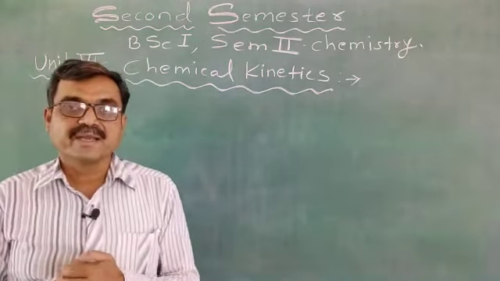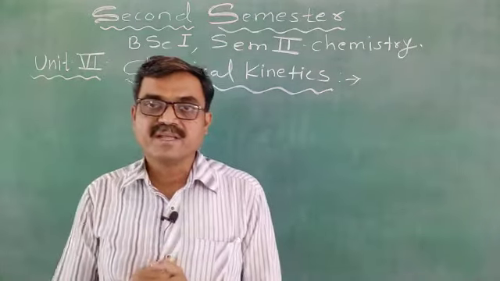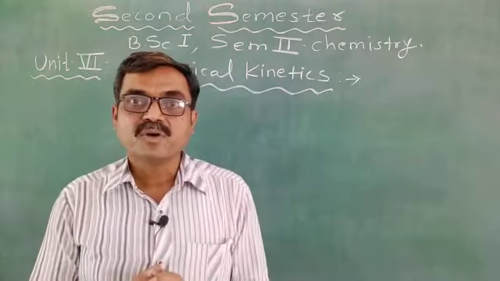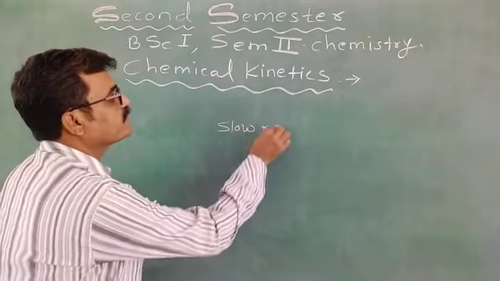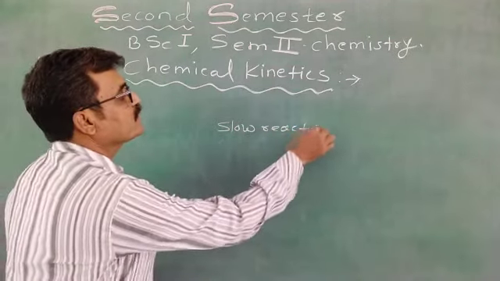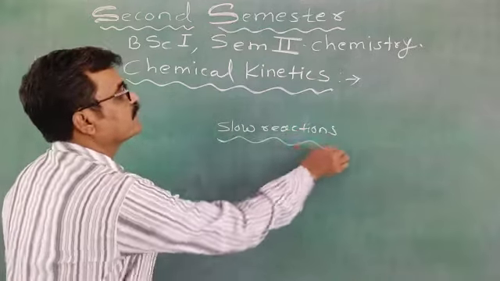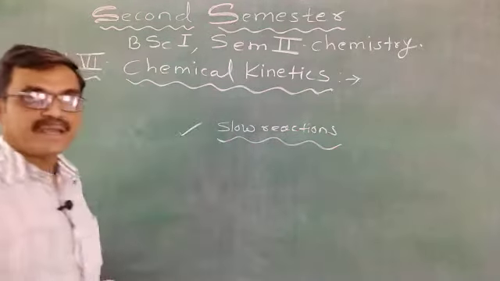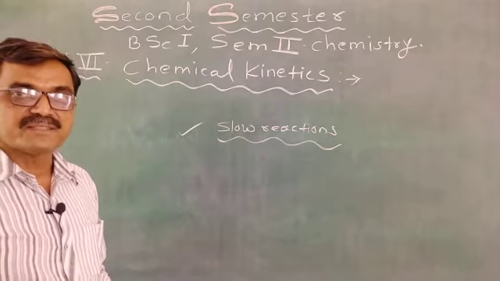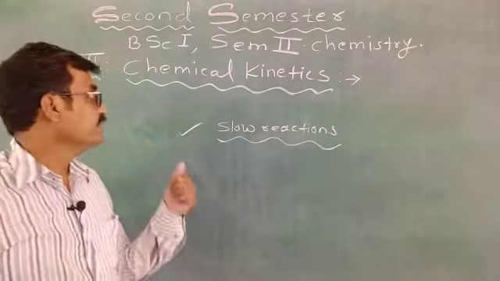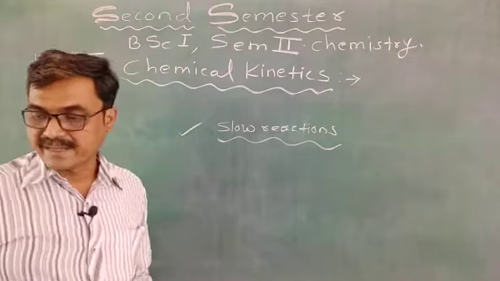Now, this chemical kinetics preferably deals with the study of slow reactions. Which reactions? Slow reactions. Slow reactions are studied under chemical kinetics. Now, the fast reactions cannot be studied in chemical kinetics.